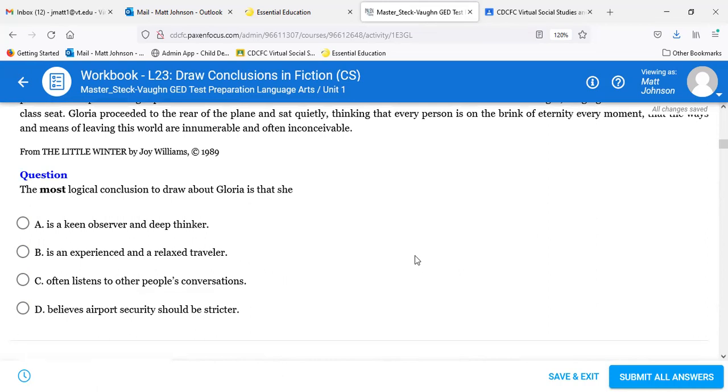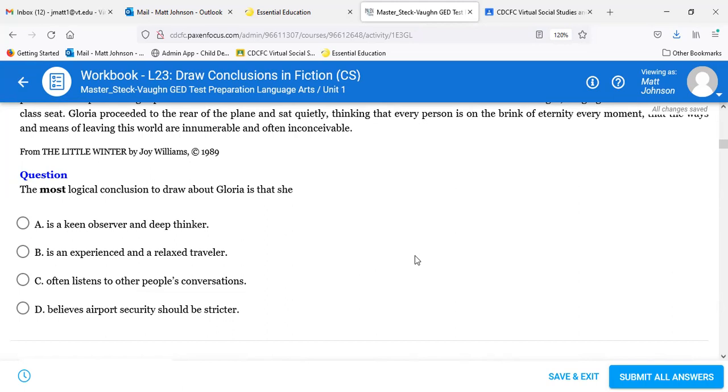The question says, the most logical conclusion to draw about Gloria is that she A, is a keen observer and deep thinker.